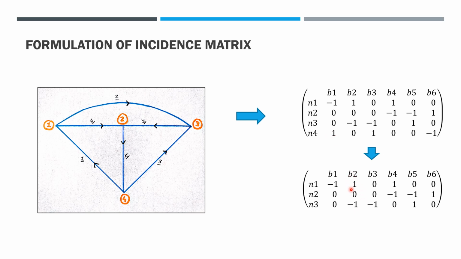Here the sum is already 0, so the element in row 4 must be 0. Here the sum is minus 1, so the element in the fourth row has to be 1 and so on. So we can say that it is sufficient to have number of nodes minus 1 rows in the incidence matrix. So this is our final incidence matrix that represents this network graph.